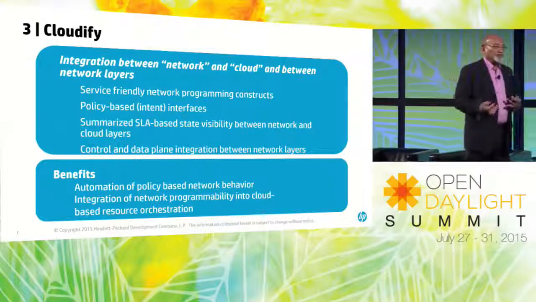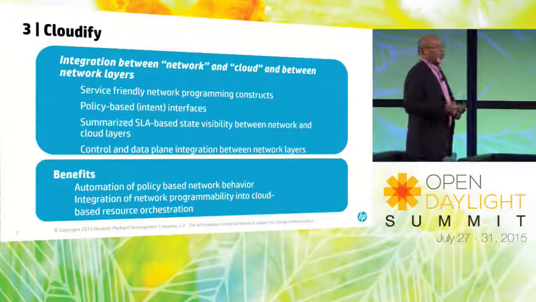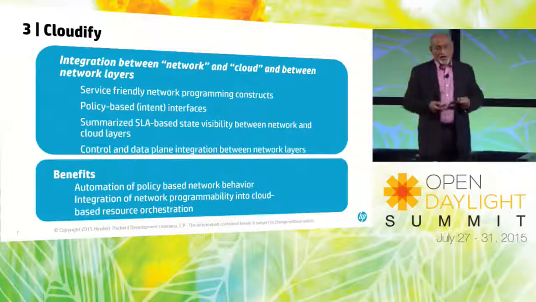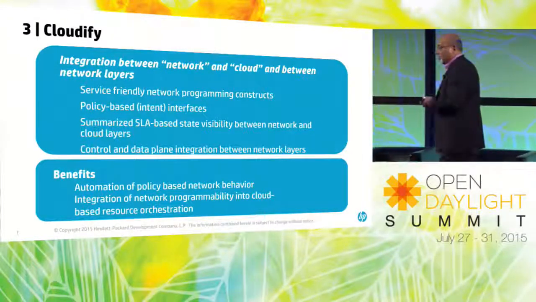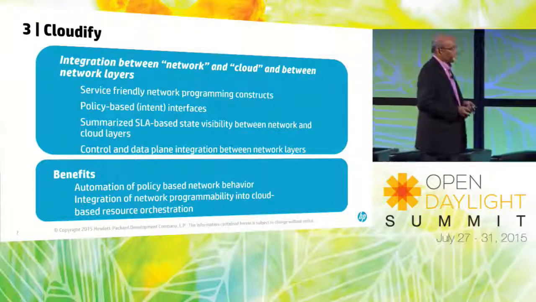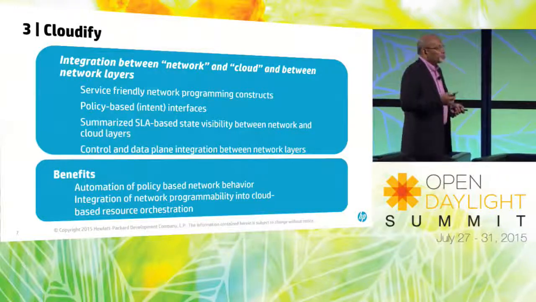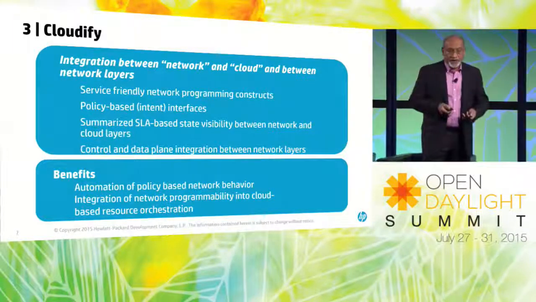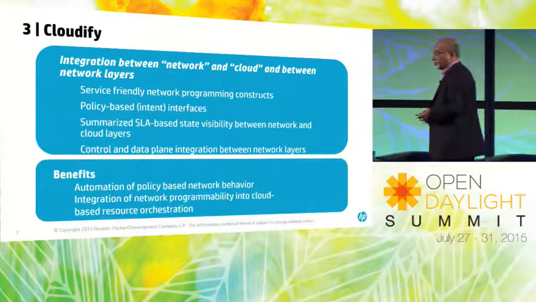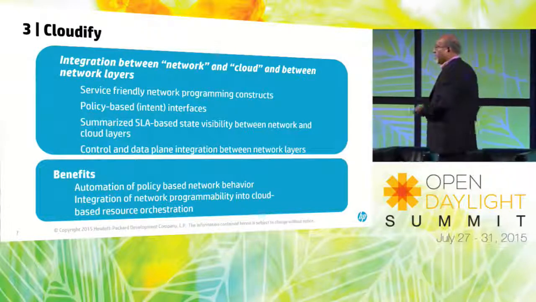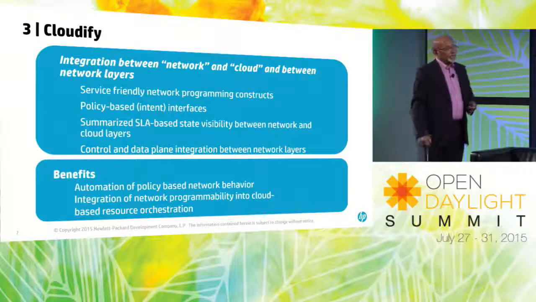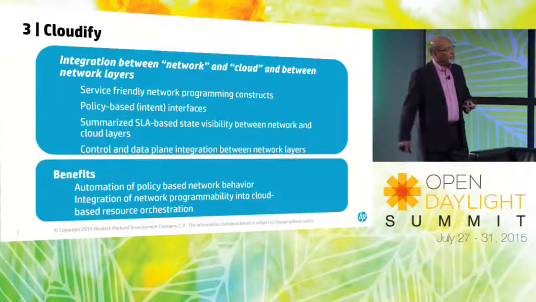There has to be some visibility of state, which relates to the SLAs you want to offer. And between the network layers, overlay, underlay, and the various layers in between, you have to have similar state awareness and integration. And this is where you can start to automate policy-based network behavior, and you can do an integrated orchestration of network and cloud resources. So this is where I think we need to get very quickly to get all the benefits of our whole SDN NFV journey.